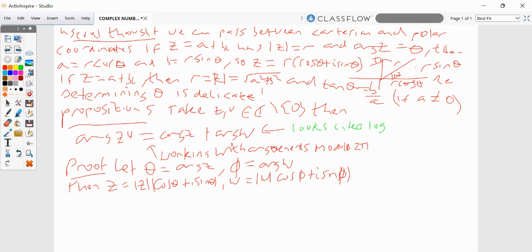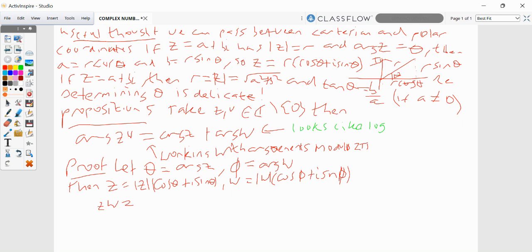There we go. Okay, so we've set up our complex numbers in mod argument form. Then we actually need to prove this thing, so we need to find zw.